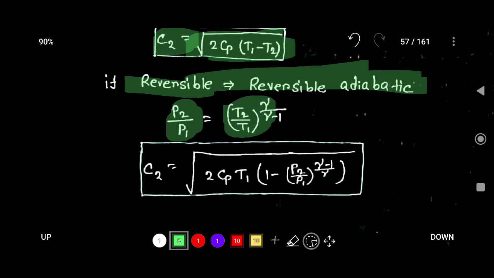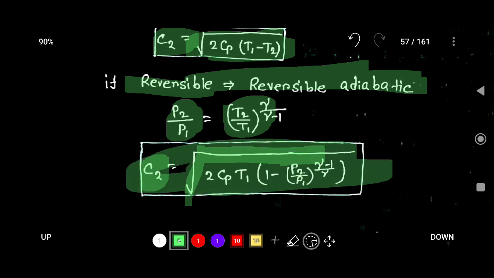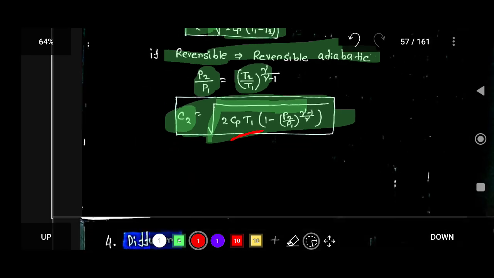From here you can get T2, and C2 is equal to the square root of 2 into Cp into T1 into 1 minus P2 by P1 whole to the power gamma minus 1 by gamma. So you can get this formula if it is a reversible adiabatic process.